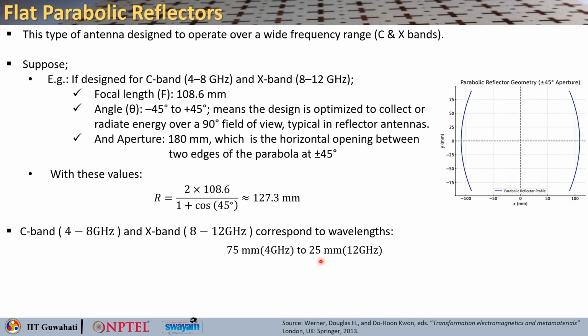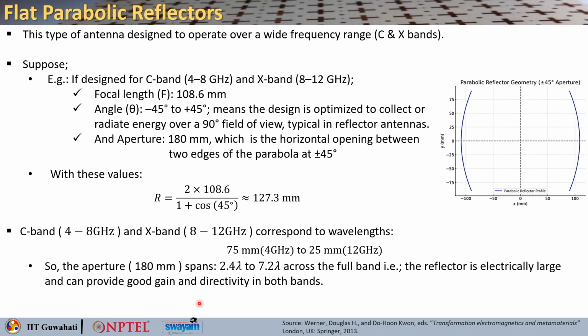So typically from 25 mm to 75 mm, that is the lambda we are talking about. So you can see the aperture is basically spanning somewhere between 2.4 lambda to 7.2 lambda across the full band. That means the reflector is actually large, but it can provide good gain and directivity in both bands.